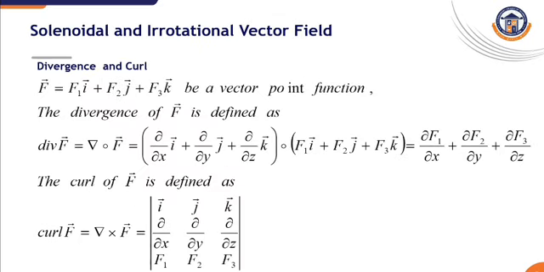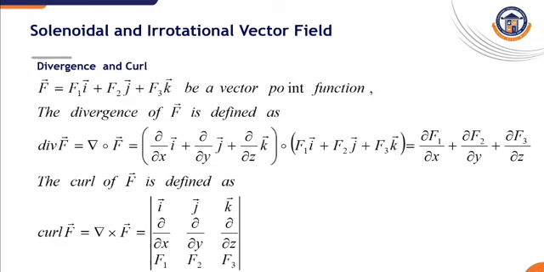So, what is the meaning of solenoidal and irrotational vector fields? Divergence and curl: let the F vector be F1 into i vector plus F2 into j vector plus F3 into k vector, a vector point function. The divergence of F vector is defined as del dot F vector.